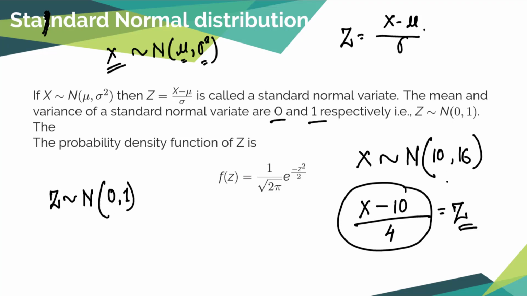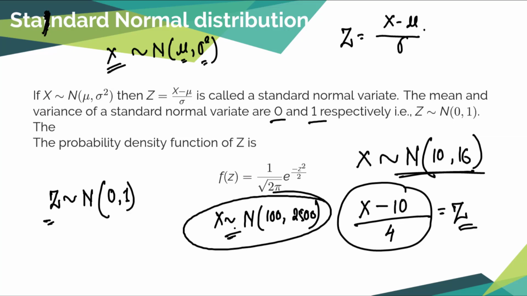This is fixed. No matter what is the original distribution of x, suppose in some case x follows 10, 16, in some case x may follow another distribution, then also z will follow N(0,1).